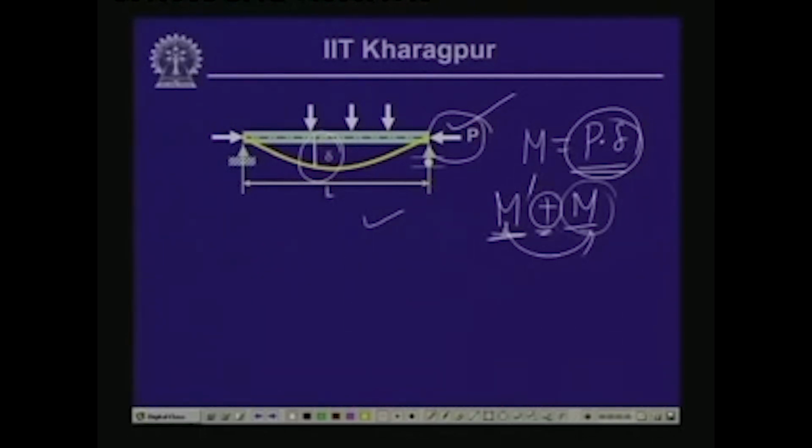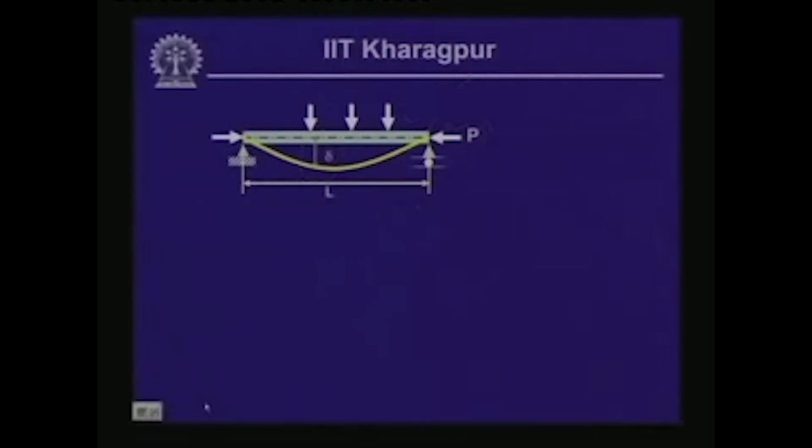But if the value of m is insignificant in comparison to m dash, where delta is small, then we can ignore this and use the superposition, and compute the values of the stresses at different points because of these combined actions. This is one of the important aspects to be kept in mind.